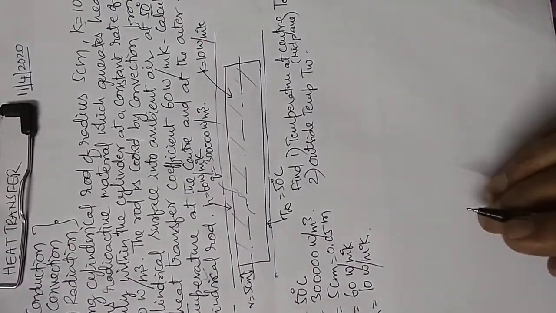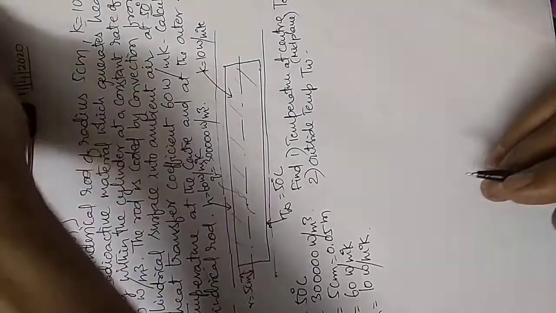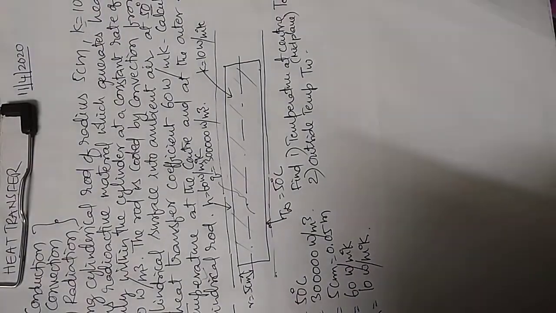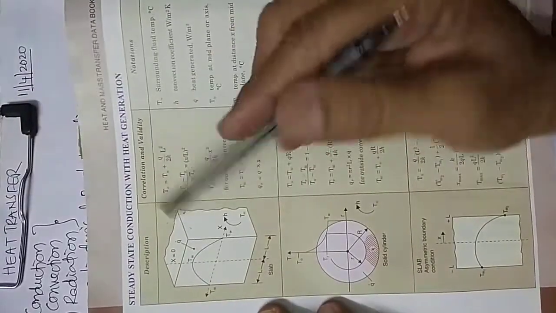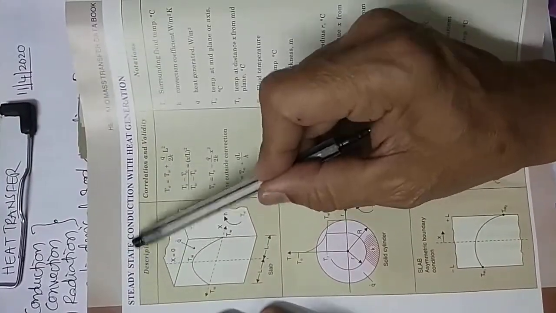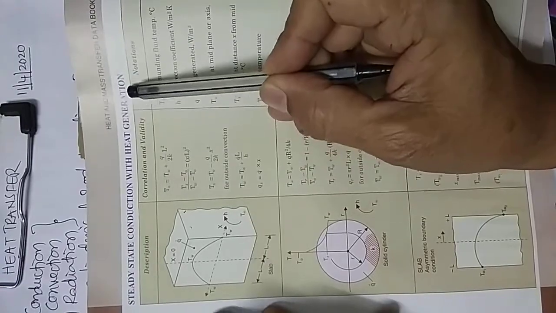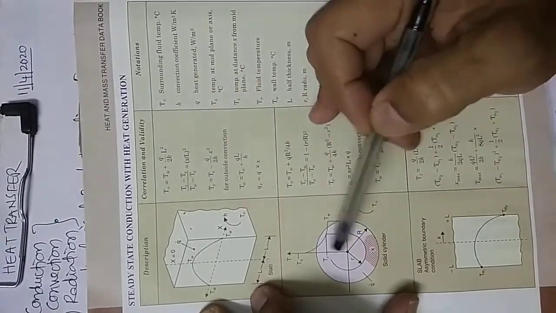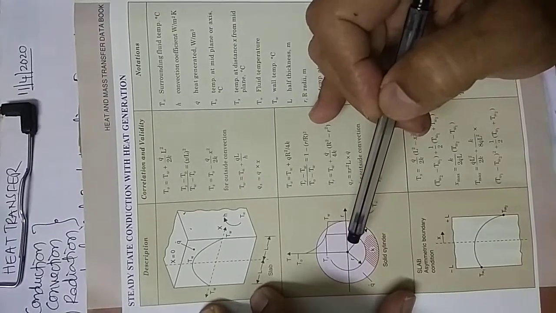In order to find these, we have to look at the heat transfer table, on page number 48. Our problem falls under the category of steady state conduction with heat generation, because there is no sudden cooling or anything like that.